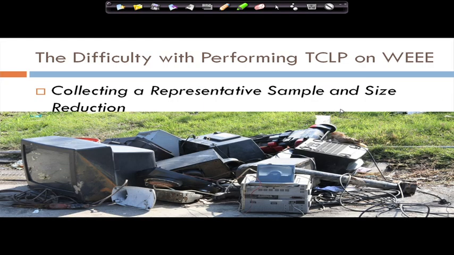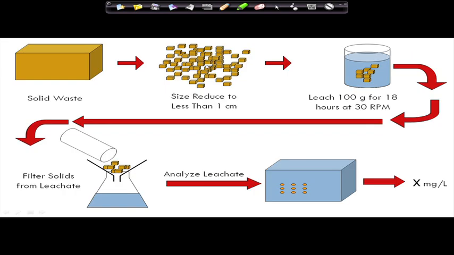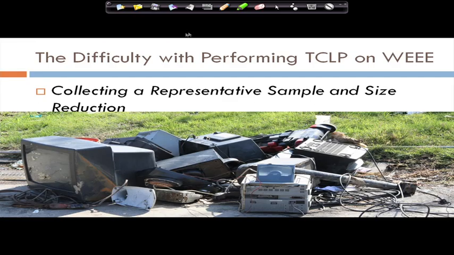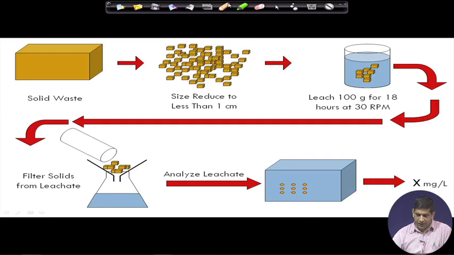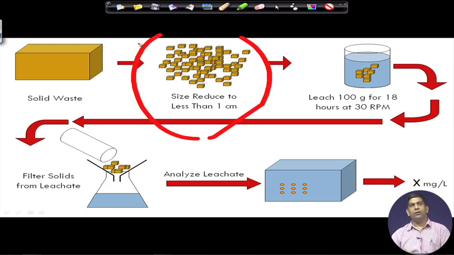Now, how do we do the TCLP test on e-waste? As you remember from the previous slide, we have to use a size reduced sample, basically to get a representative sample and make the reaction go faster.